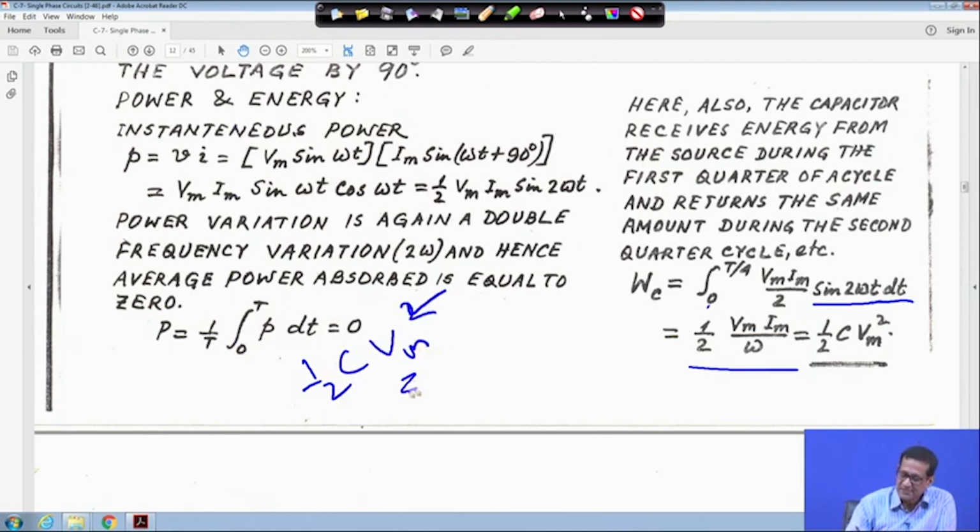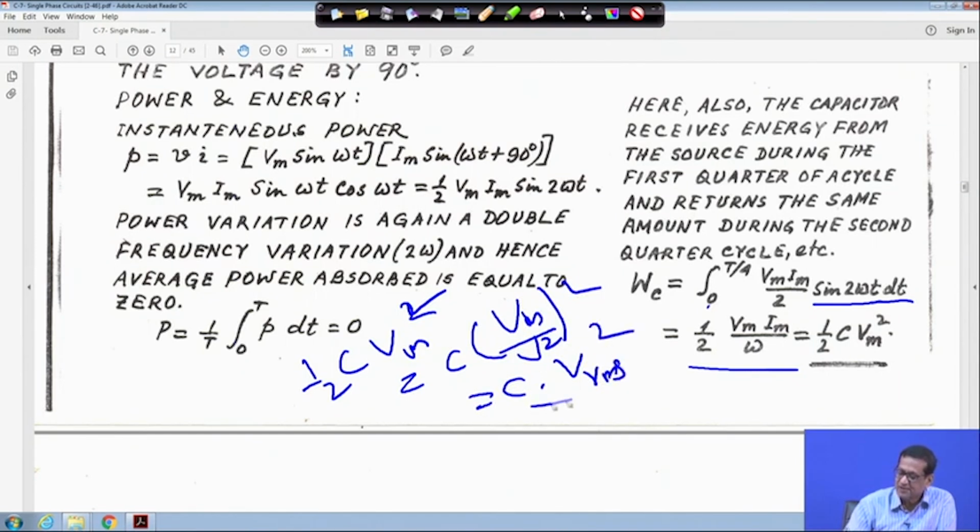That means this can be written as C into V m by root 2 squared, that is, C into V RMS square, right. So in an AC circuit, whenever you talk about half C V square, V is the peak value, or you have to use C into V RMS square, that is the energy stored in a capacitive circuit, right.